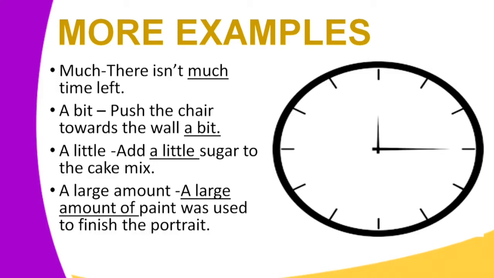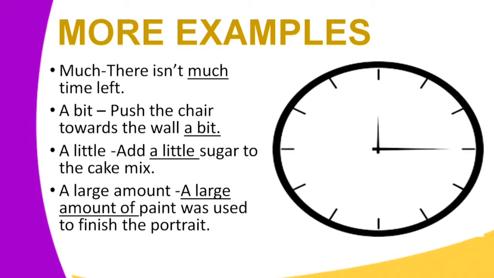For example, we can say push the chair towards the wall a bit, just a little bit, to measure the distance. The next quantifier is a little. We can say add a little sugar to the cake mix. Next, we have a large amount of. For example, a large amount of paint was used to finish the portrait.